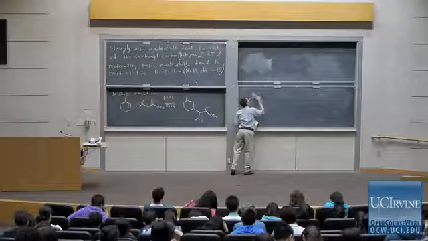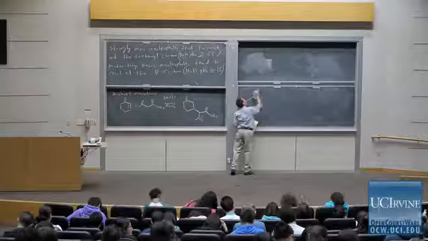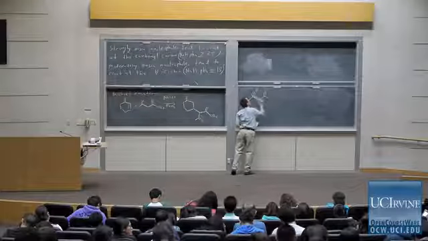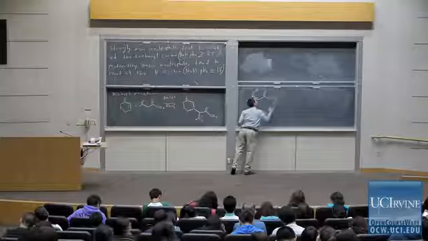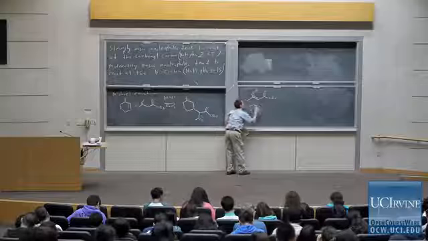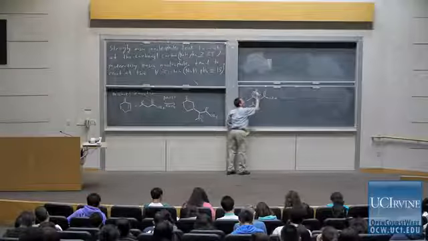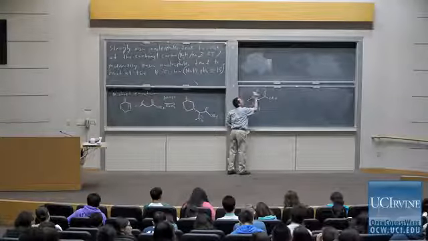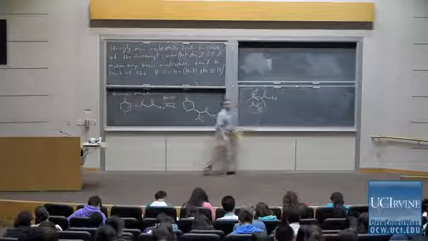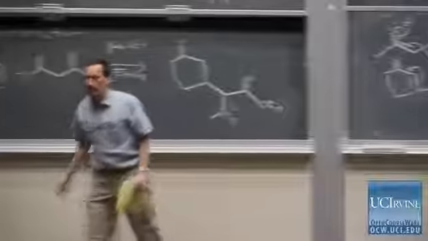I won't write the mechanism for that because by now you've seen this many times. We generate the enolate. The enolate can add in to the beta position of the alpha-beta unsaturated carbonyl compound.